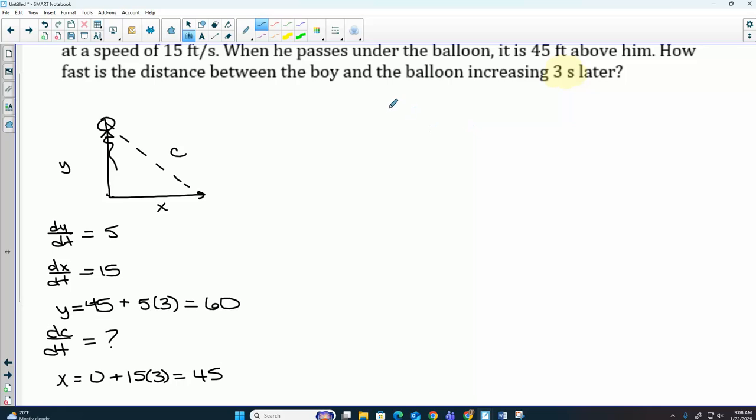All right, right triangle, Pythagorean theorem. Are there any constants in this scenario? No, the balloon's going up, the boy is riding away, their distance is constantly increasing. So when I do the derivative, nothing becomes 0.